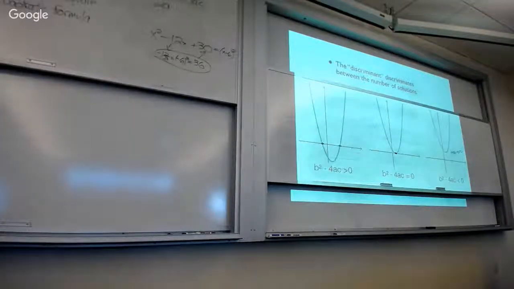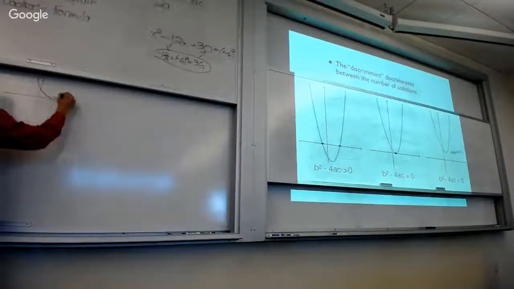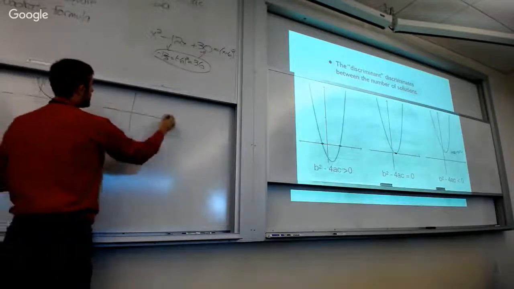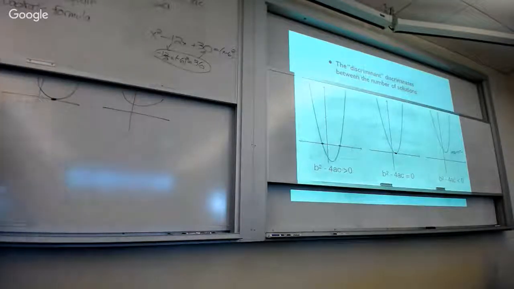So you've got your space there. First thing I'd like you to do is go ahead and draw one parabola where it does cut through twice. And then draw another parabola where it only cuts through once. And then go ahead and draw another parabola where it floats above the axis. So that's the space that I gave you, so that you can draw these little pictures with me.